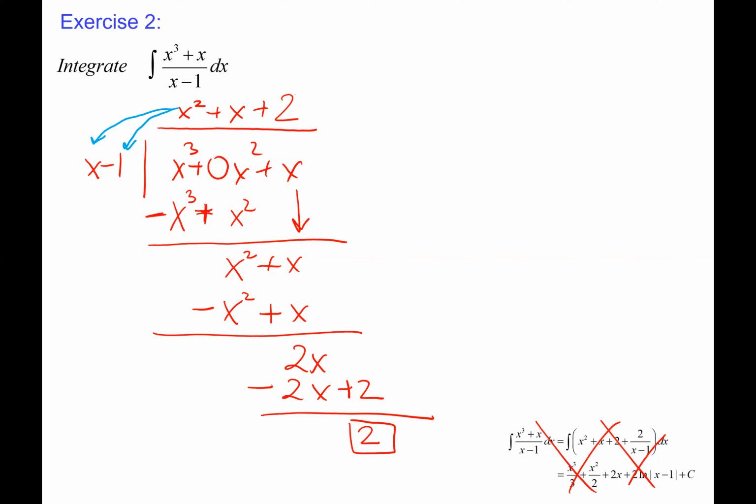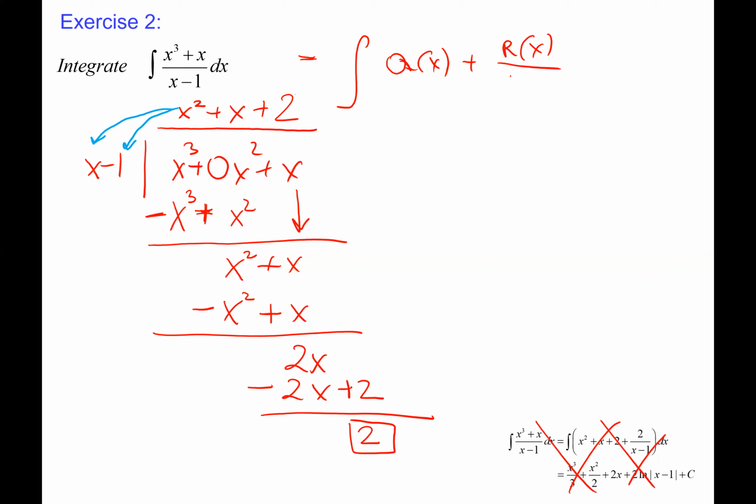Right? That means now I can rewrite my function. Yeah, we remember the quotient plus something, what's left, yes, the remainder over the divisor. We have different notation. I call it quotient.